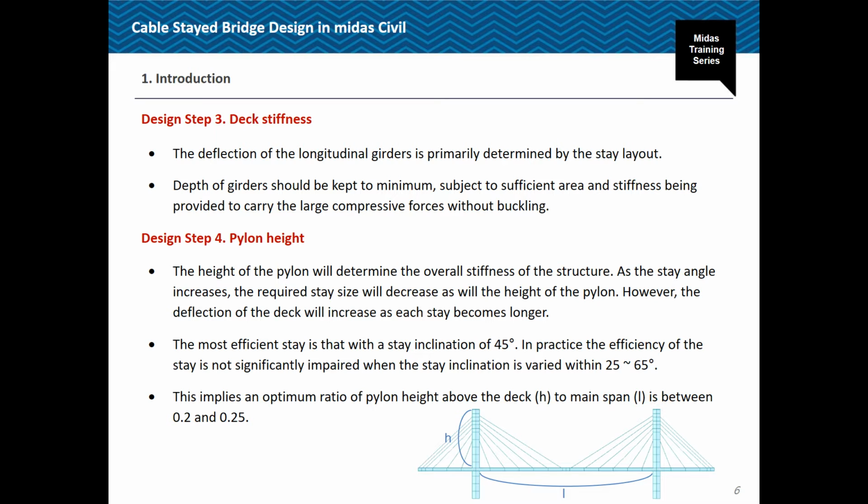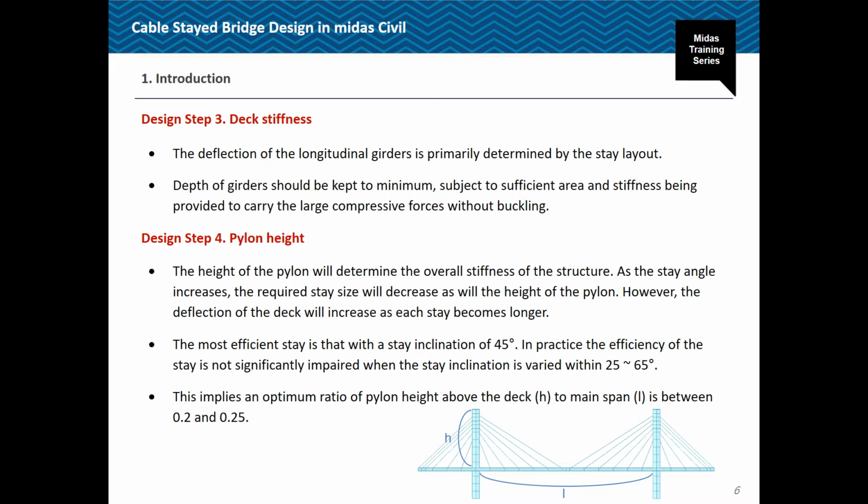Regarding the pylon height, the height of the pylon will determine the overall stiffness of the structure because the stay angle influences the stiffness of the stays. In general, the most efficient stay angle is 45 degrees, so we should be aiming for that kind of angle.